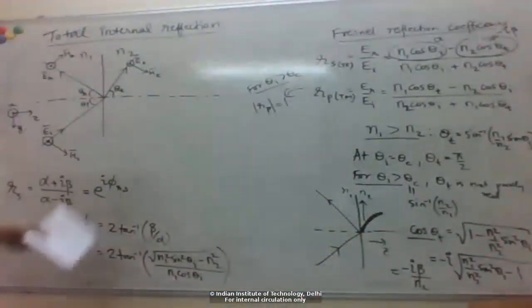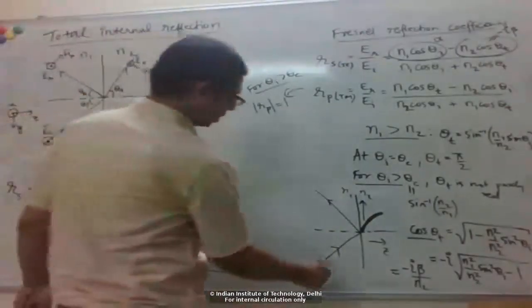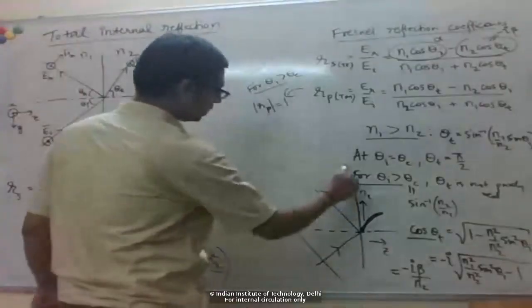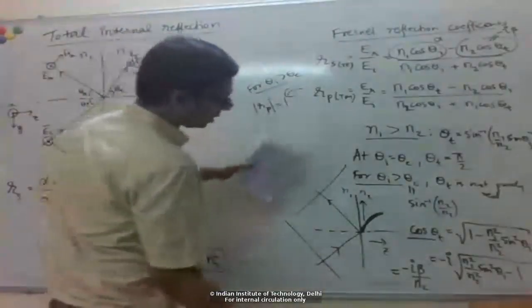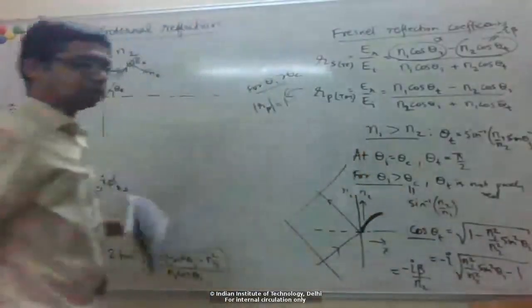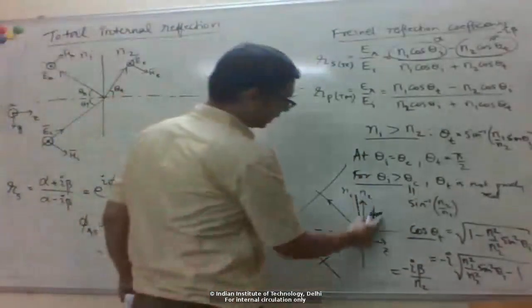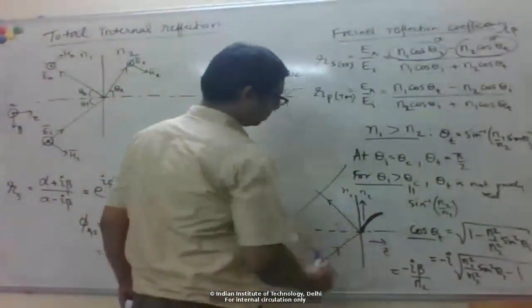So remember, our analysis here is for plane waves which have infinite extent. The incident wave has infinite extent, the reflected wave has infinite extent. So that's why, in steady state, there is something in the other medium also, right?